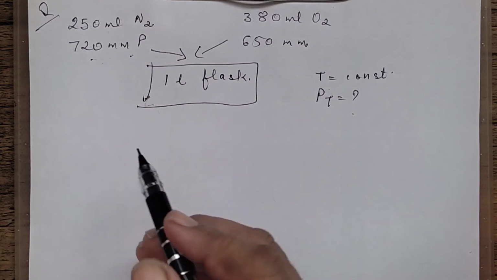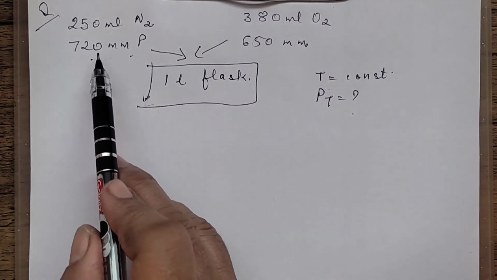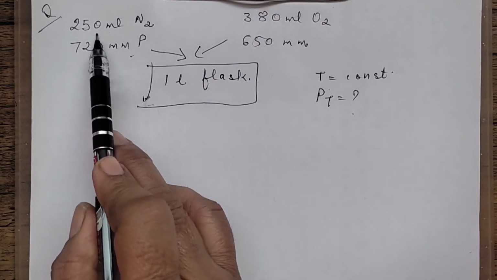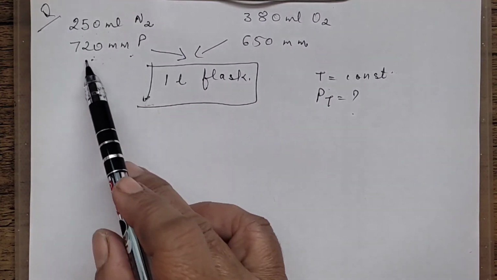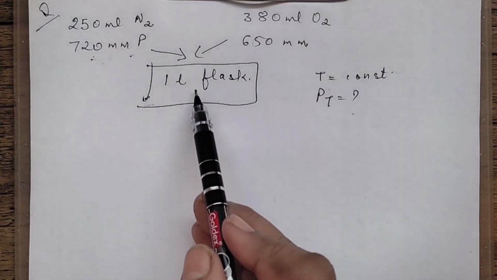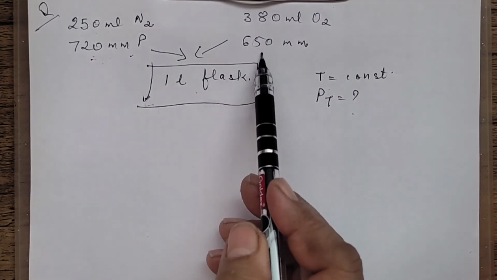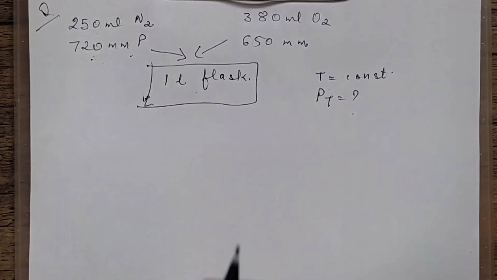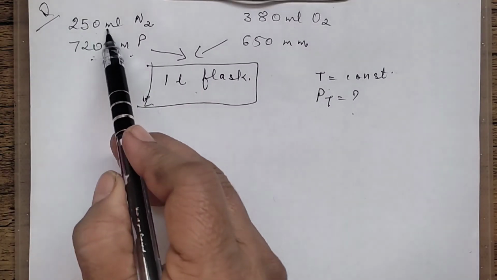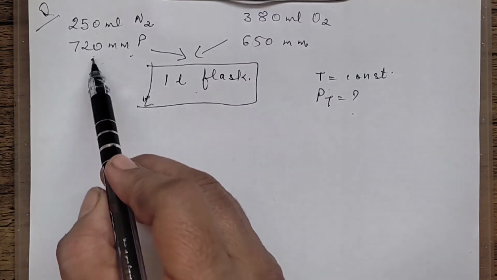Now, how to solve it? They are saying this is the pressure of nitrogen at this volume. You first think, can we take this itself as the partial pressure? Or this pressure as the partial pressure of oxygen? In the present question, no. Because volume was 250, then the pressure was this.